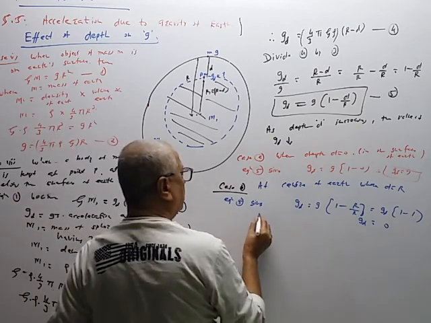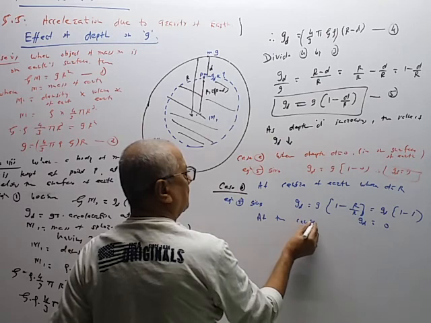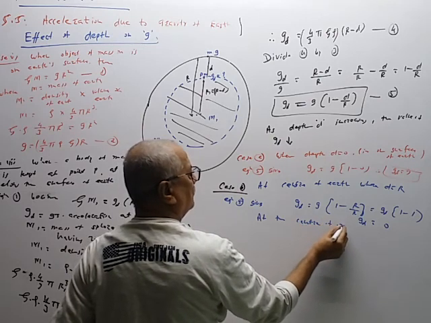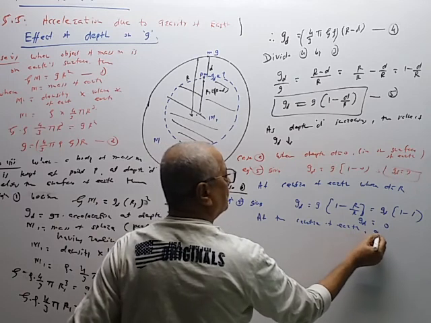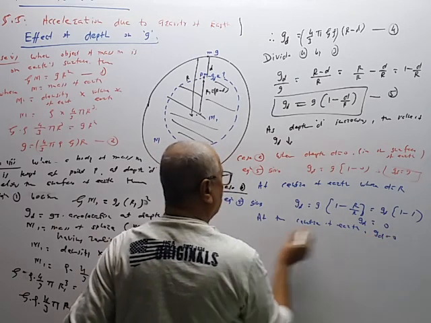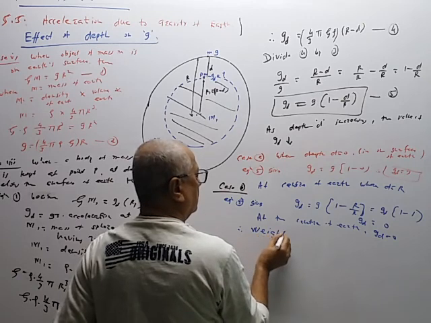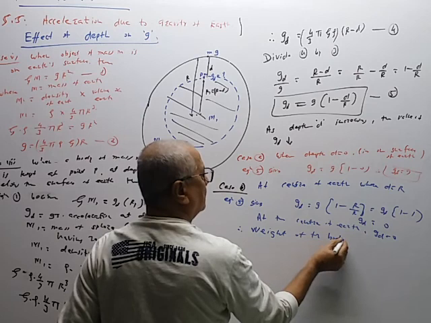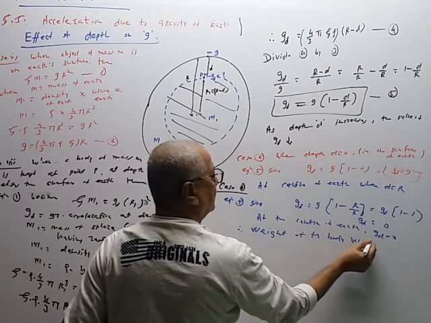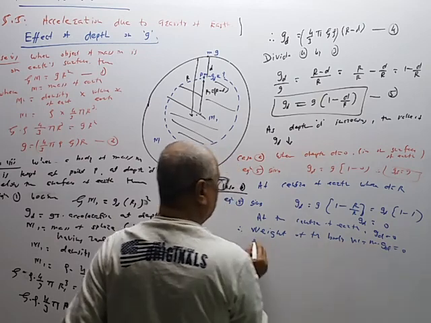So at the center of the earth, gd is equal to 0. Therefore, weight of the body W is equal to mass multiplied by gravitational acceleration, is also 0.